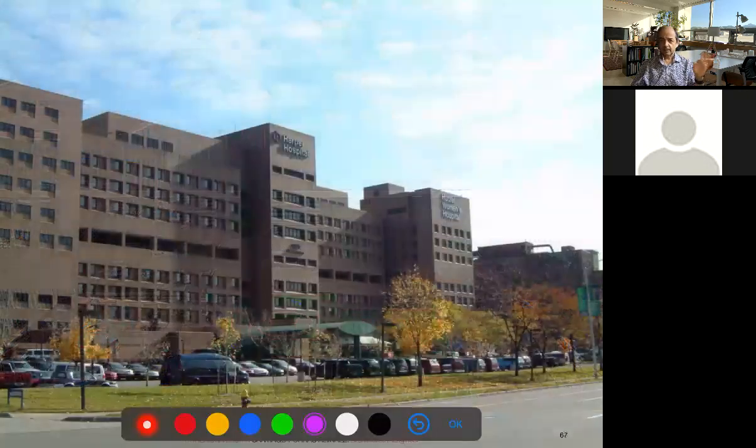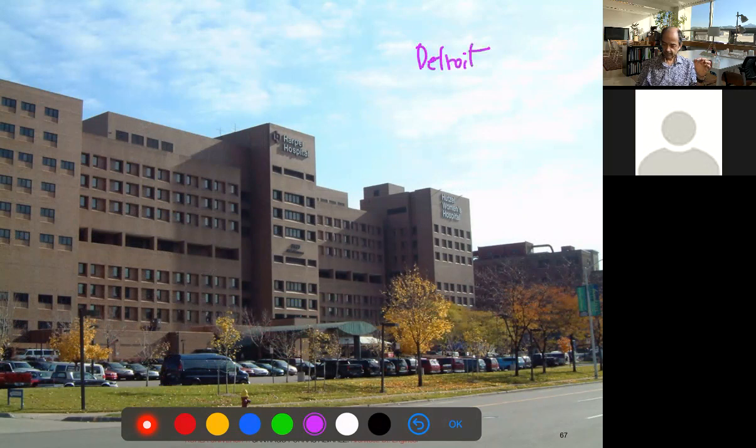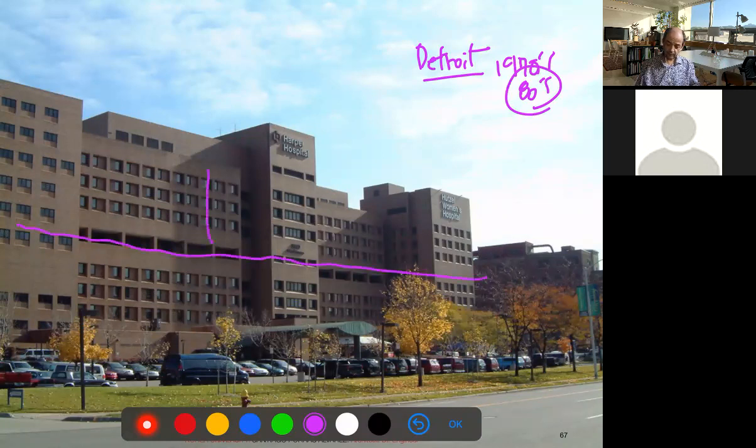This is an example. This is the Detroit Medical Center, which is a very much praised building from, I think, the 1970s or early 80s, I'm not sure. It was very modern, and they made a nice move, which was to put all the mechanical rooms on the middle floor. So we reduce the ducts and we don't have that kind of roof noise coming outside and so on.